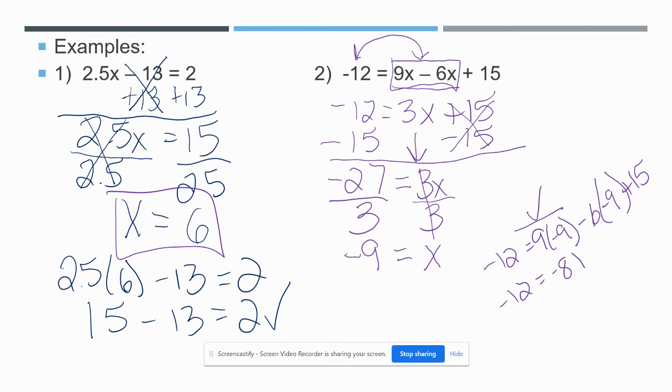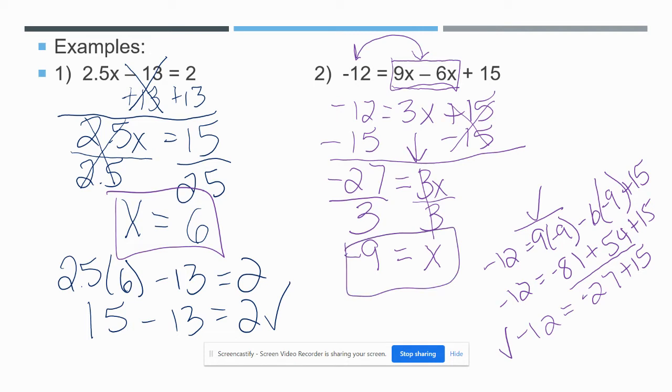Negative 6 times negative 9 is positive 54, plus 15. I'm going to add the negative 81 and 54 to get negative 27, plus 15. And then is negative 27 plus 15 equal to negative 12? And it is. So that is a good answer.